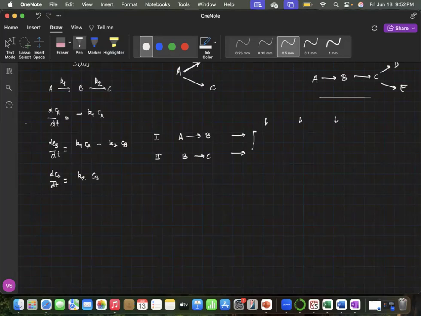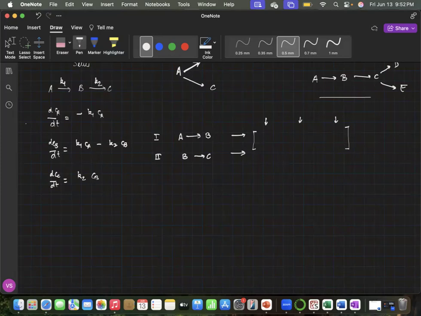So over here in this matrix, the first row and the first column would represent the stoichiometric coefficient of A in the first reaction, right? And remember, the stoichiometric coefficient for a reactant is always negative, while for the product, it's always positive, right?